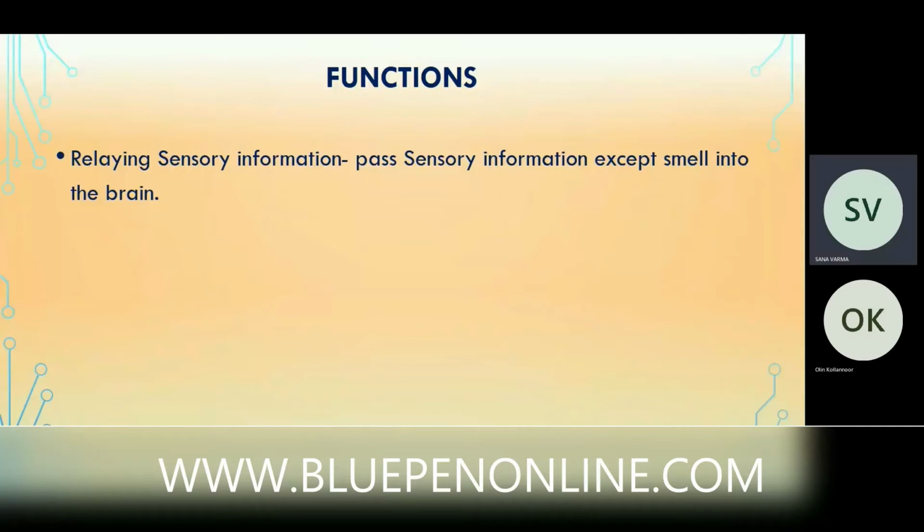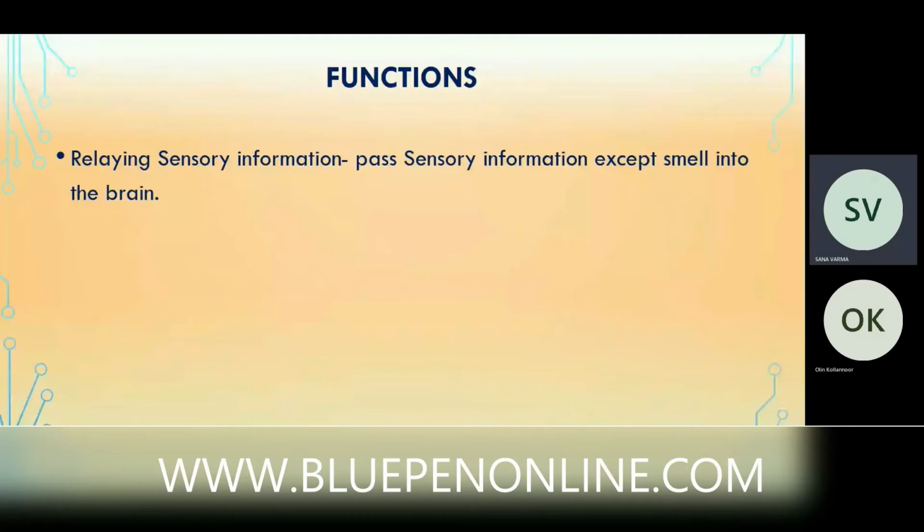Then there are certain nuclei that receive the sensory information, process it, and then transmit it to the related area in the cerebral cortex. It's not that all the sensations will pass through any part of the thalamus and be diverted to any part of the somatosensory area. It's not like that.